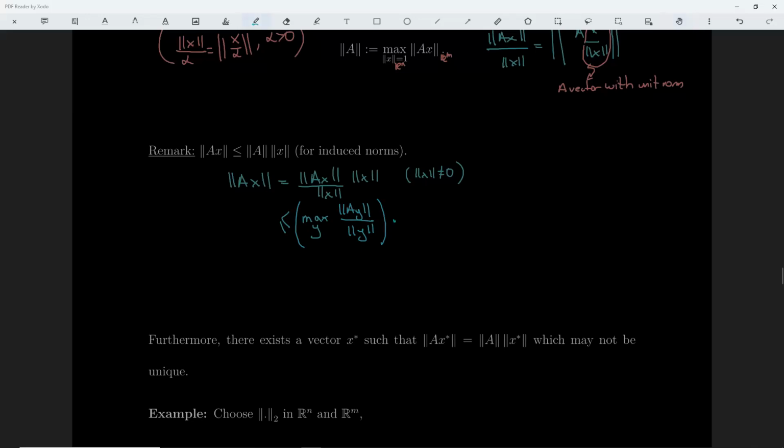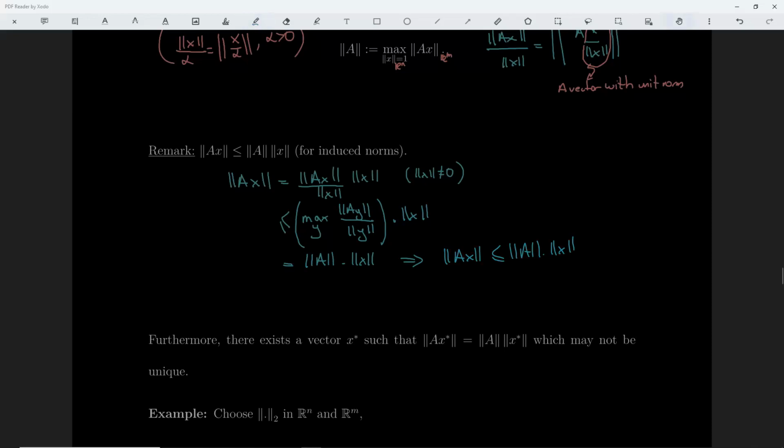And I can write down the second term, norm x, just next to it. The first term over here is, by definition, the induced norm of the A matrix, and I have the second term as norm of x. So by exploiting the definition directly, I can write down norm Ax is less than or equal to norm A times norm x.